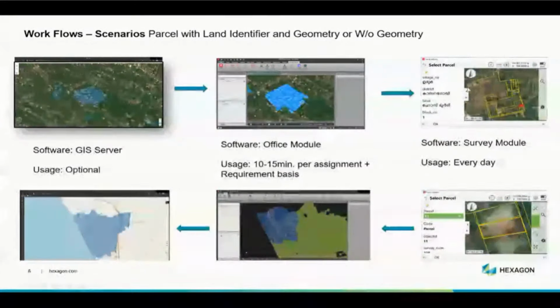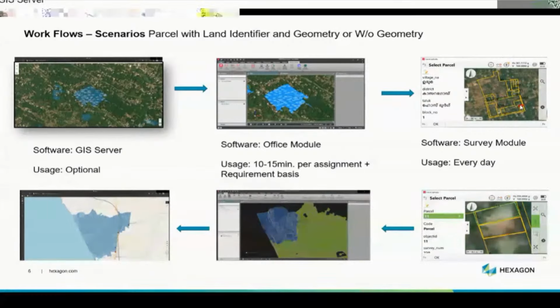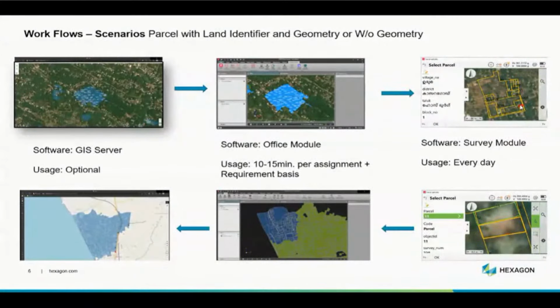When there is a geometry, you select the parcel. If there is an identifier and a geometry, the geometry may not be correct, and I am doing the survey basically to get the actual, correct geometry of the parcel.